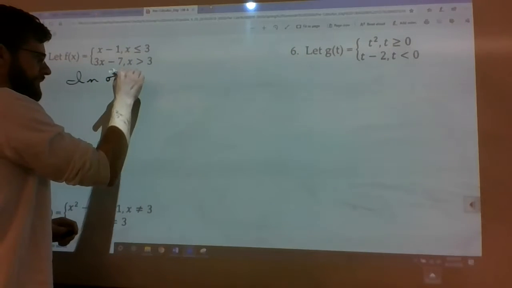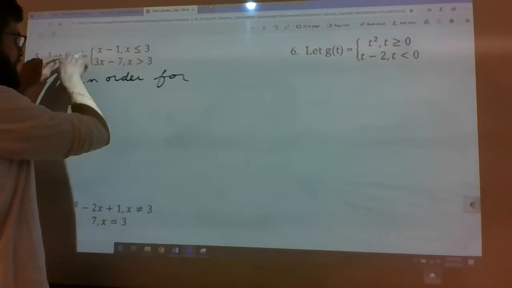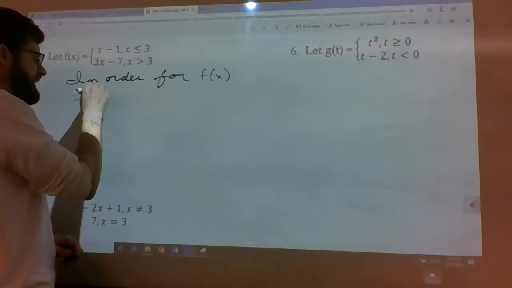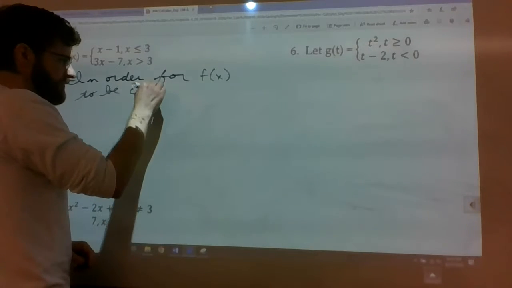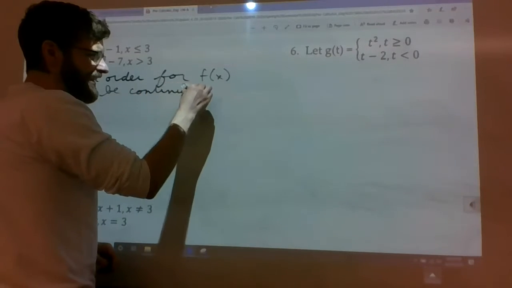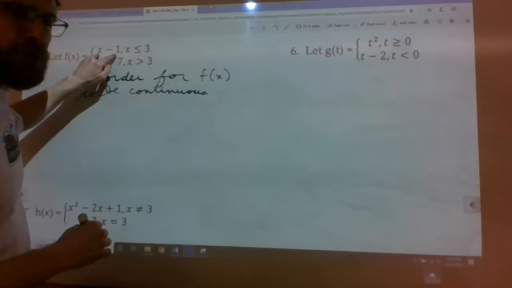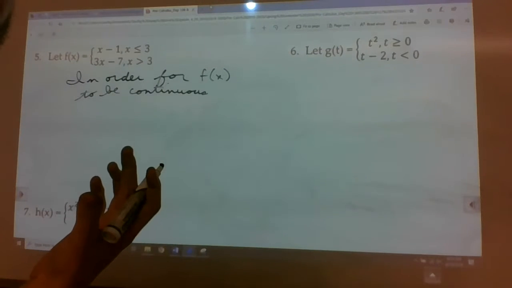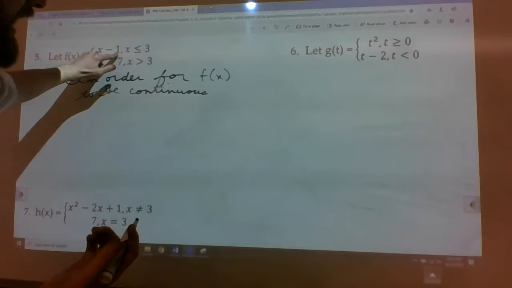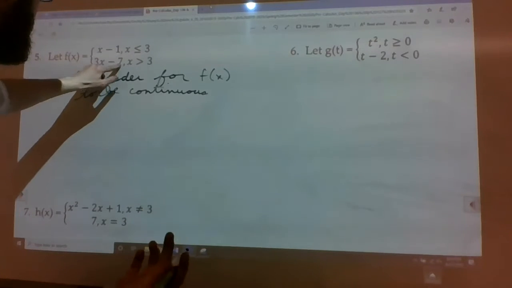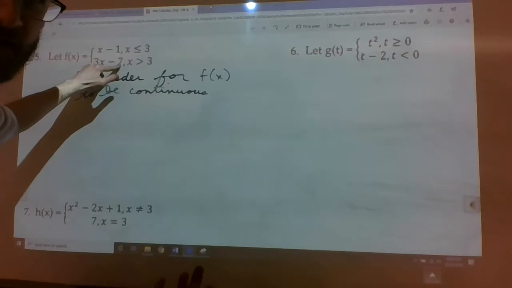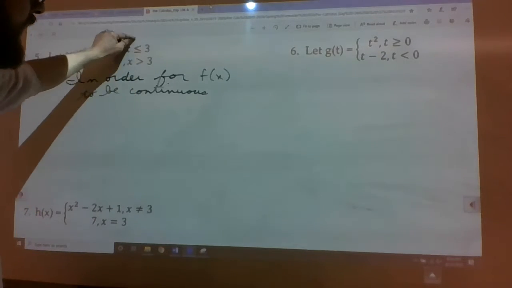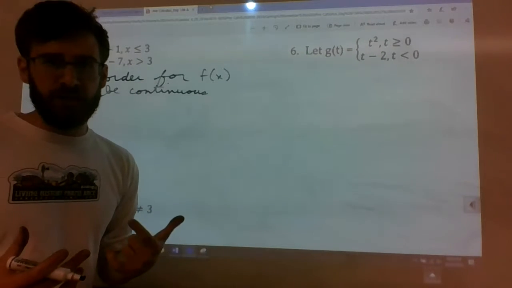In order for the function f of x to be continuous, and here's the thing, I know I got two polynomials representing a piecewise function, which means that it's continuous everywhere for x minus 1, and it's continuous everywhere for 3x minus 7. However, what is happening when it splits off into this new function at 3?